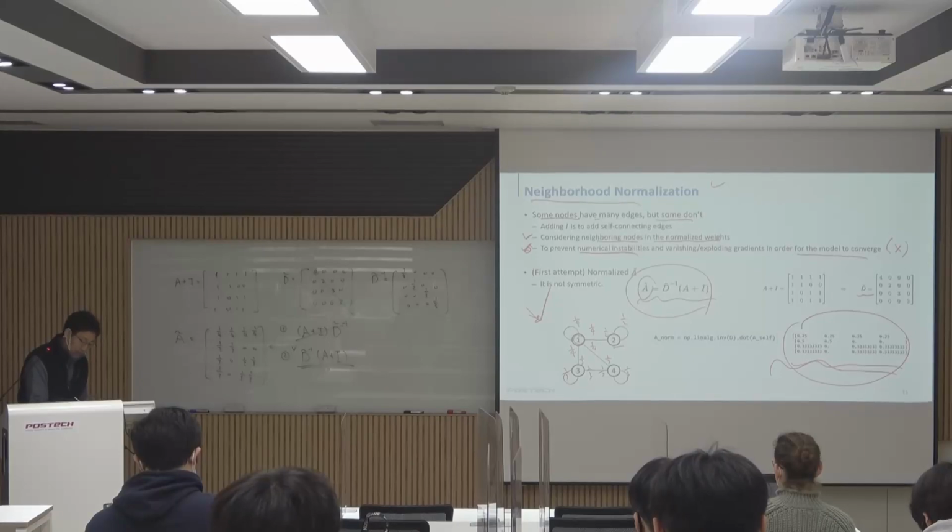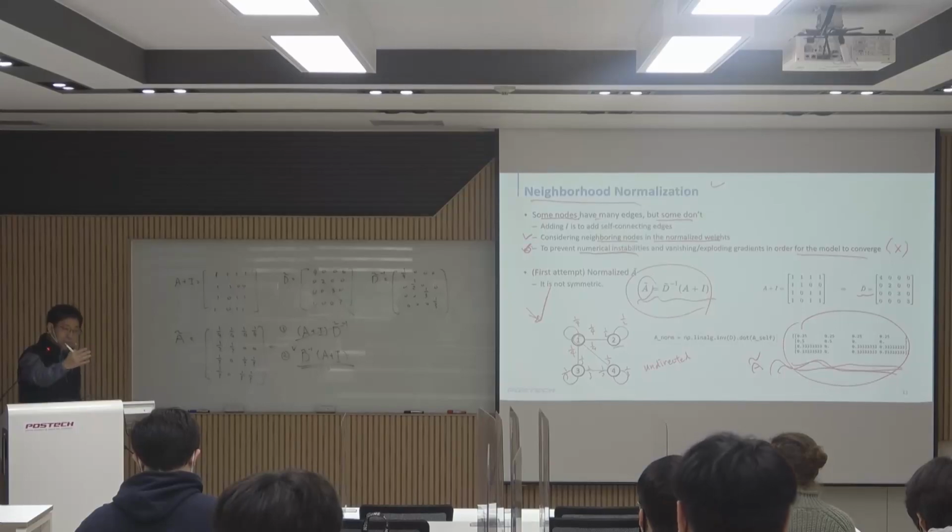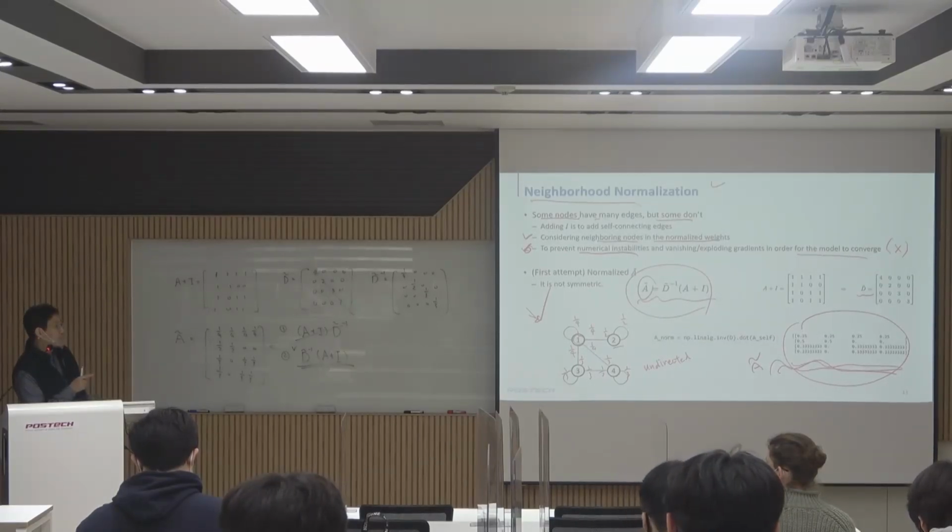Again, like I said, it's undirected, and this corresponds to something like an adjacency matrix, but self-included and neighborhood normalized no matter what. But look at the matrix of A tilde. Since it's a representation of an undirected graph, it should be a symmetric matrix, right?